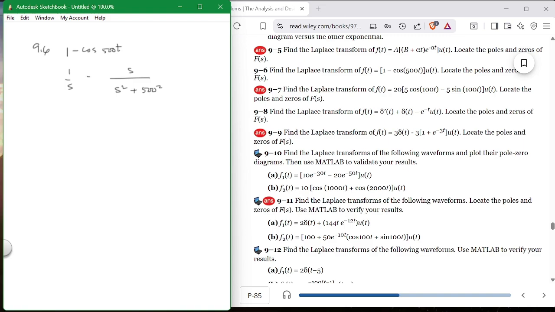What is this one? It's 20 times 5 or 100. Okay, times what? Cosine of 100t.